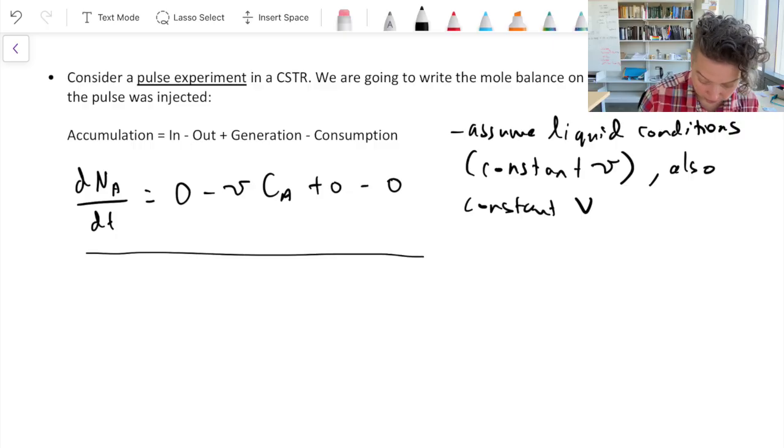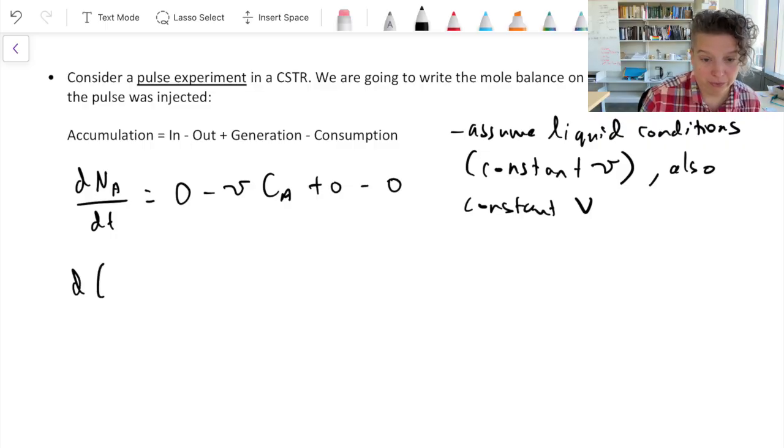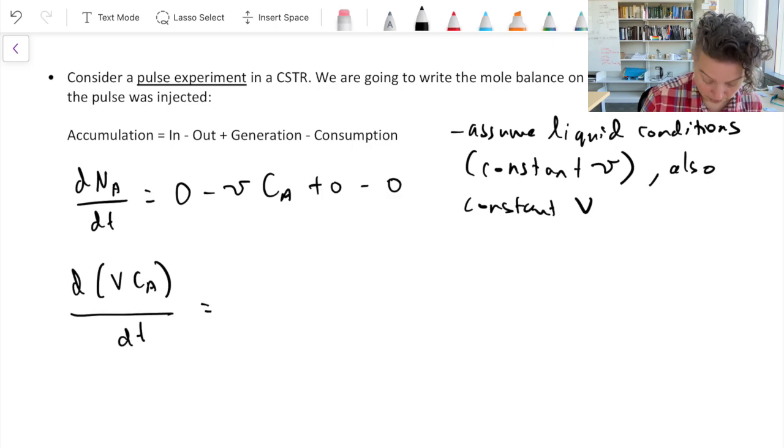First thing I'm going to do is get consistent variables. I'm going to say that my N_A, which is the number of moles of tracer, is equal to the volume times the concentration of A. That's going to be equal to negative volumetric flow rate times the concentration.